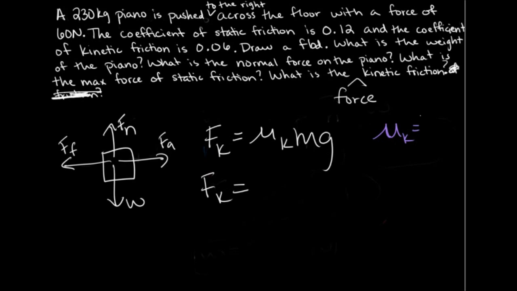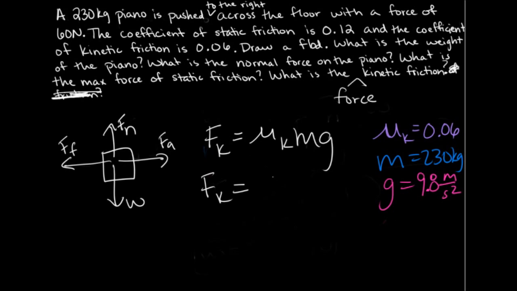So the force of kinetic friction equals the coefficient of kinetic friction, which we have here given to us as 0.06. The mass of the piano is 230 kilograms. Gravity on Earth is always 9.8 meters per second squared.